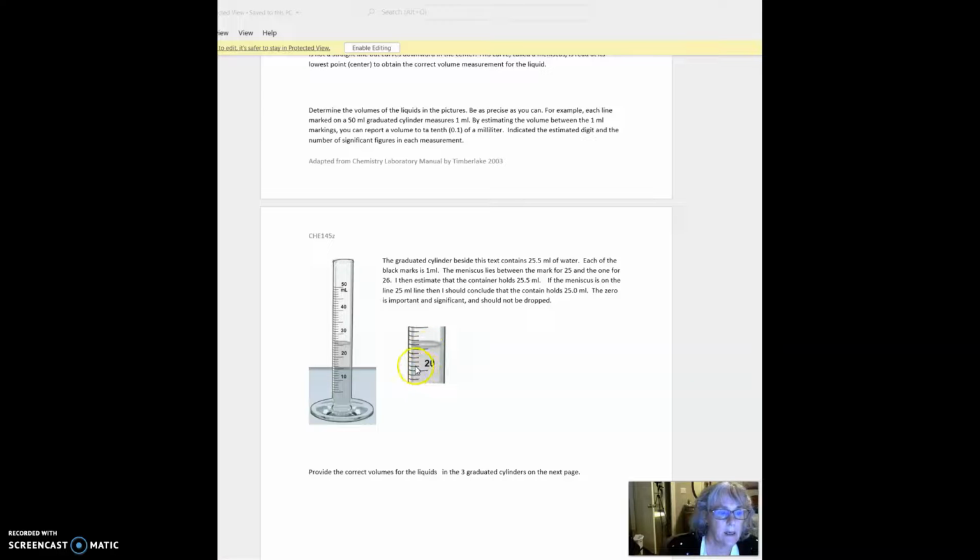This is 20, 21, 22, 23, 24, and this longer line is 25. The meniscus is a little bit above that 25, but it's not quite to the 26. So we would say that it has 25.5 milliliters in it.